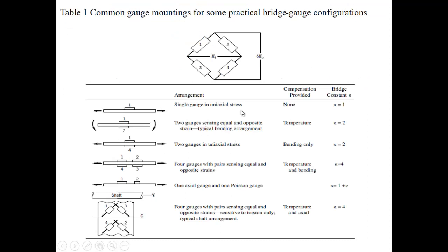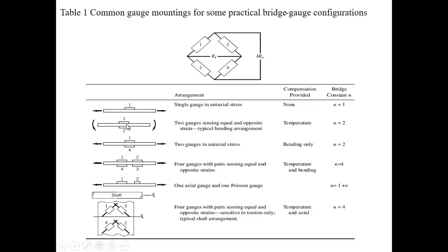Here we see a common gauge mounting. These are the different positions of the strain gauge for some practical bridge gauge configurations. From here, the compensation provided and the value of the bridge constant will be affected by the positions of the gauges mounted to the structure or to the beam.